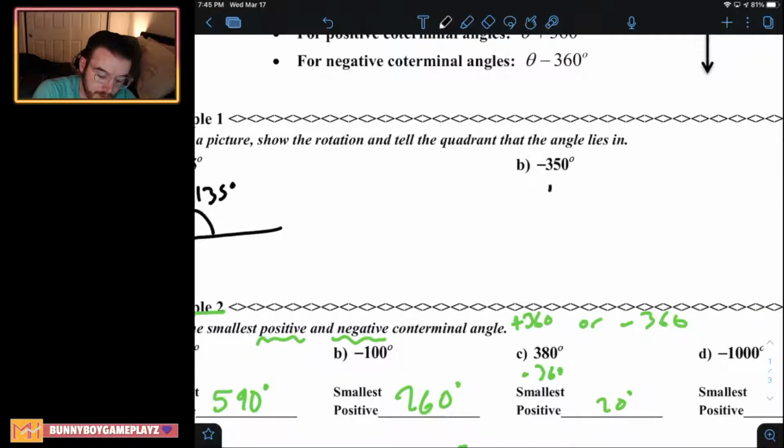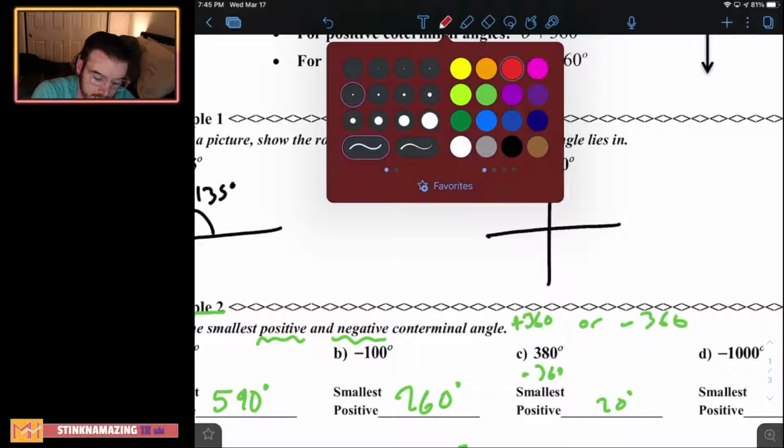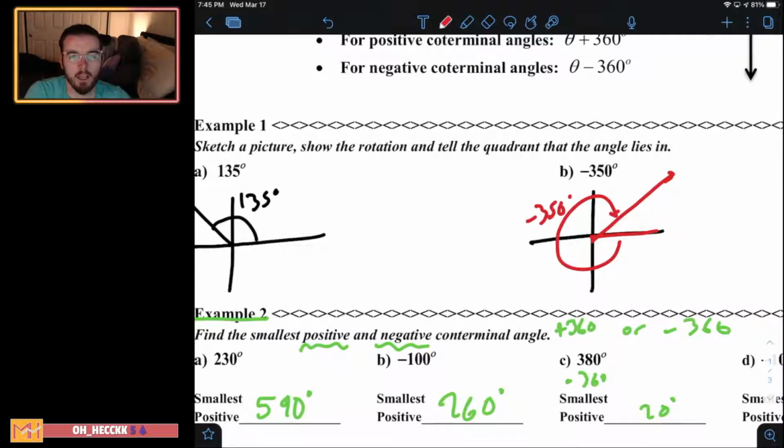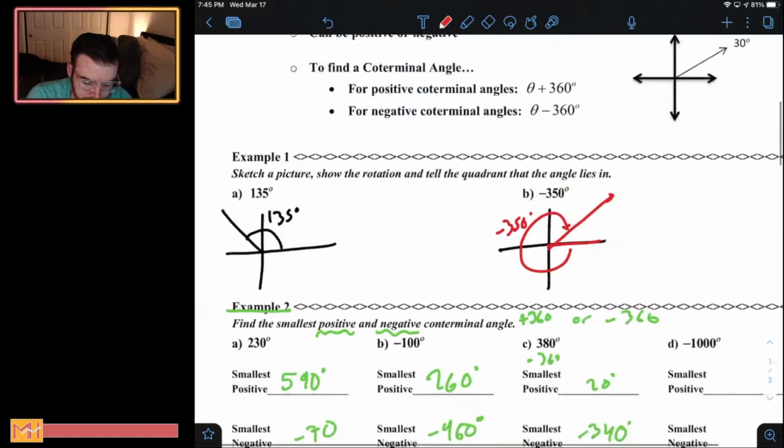And then negative 350, that's like going all the way around practically in the negative direction. That is negative 350. So negative means you go in the clockwise direction, and positive means you go counterclockwise.